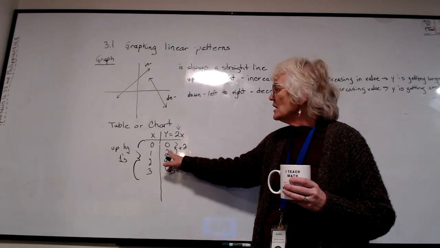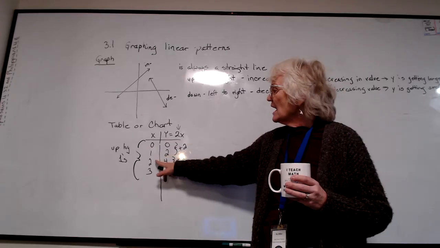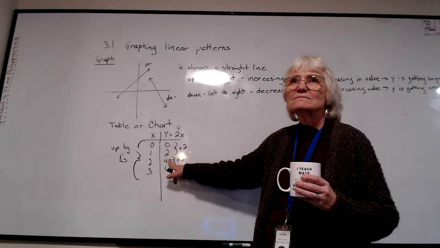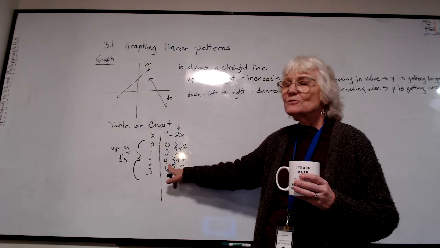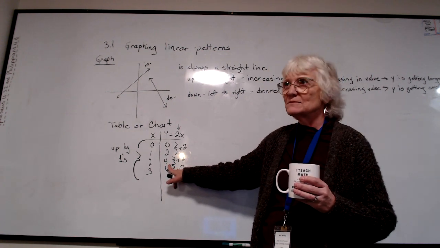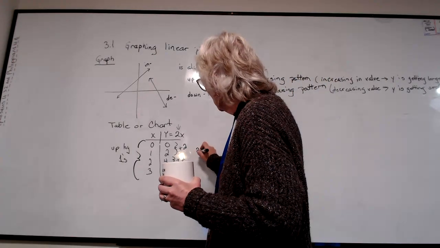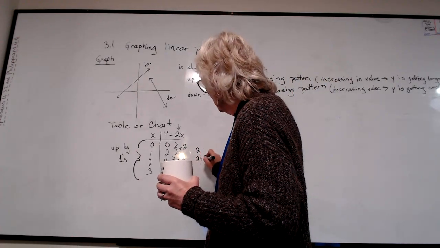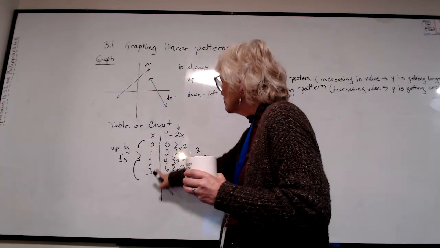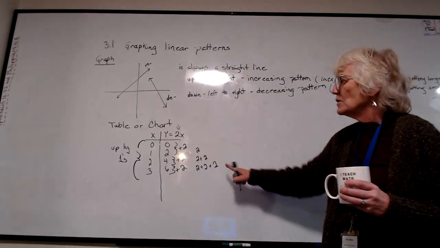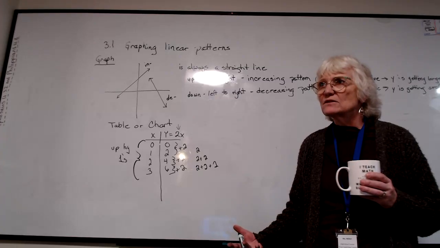If I add 2 once, that'll be 2. If I add 2 twice, that's 4. So 2 plus 2, and 2 plus 2 plus 2, 3 times. So really what you have is 2, 2 plus 2, 2 plus 2 plus 2. And the number there gives you what you have. So it's one of those sequence things that we can look at.